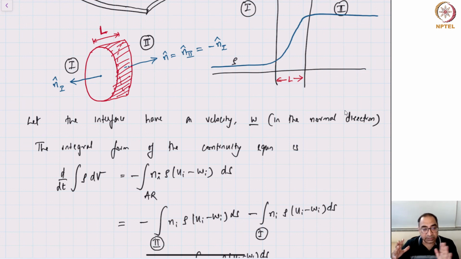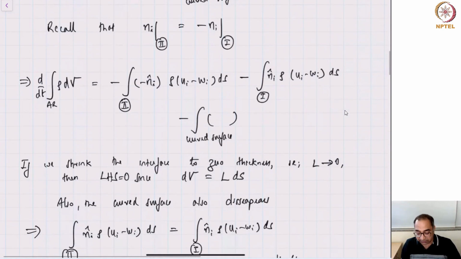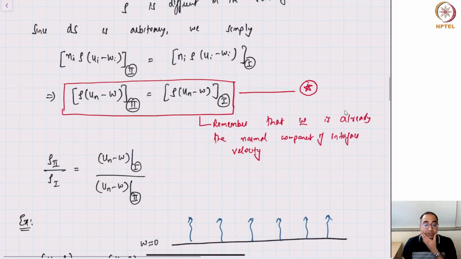We have one pointing into region 1, the other pointing into region 2, and then the curved part of the cylinder S. We wrote down the integral form of the momentum and the continuity mass balance equations for this particular volume element. We shrunk the volume element to 0 thickness, which means that in this figure, L was shrunk to 0. And when we did that, we derived a bunch of jump conditions.